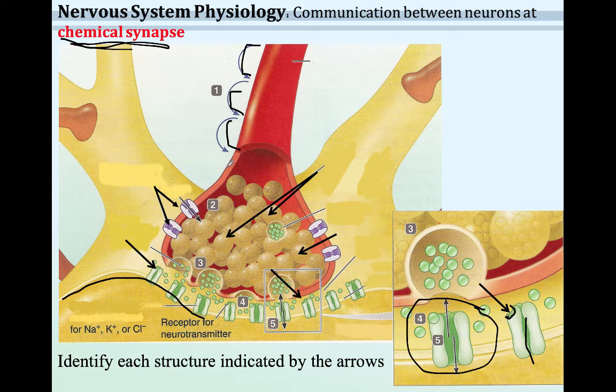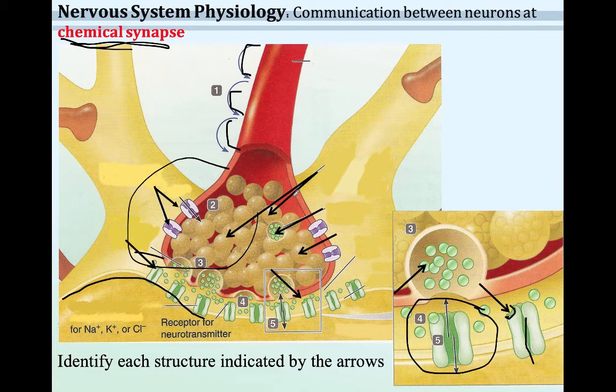So here's the chemical synapse: the synaptic knob, the synaptic cleft in the middle, and then the postsynaptic cell or membrane there. Again, the green dots represent the individual molecules of neurotransmitter, whether it's acetylcholine or GABA or aspartic acid or whatever it happens to be.